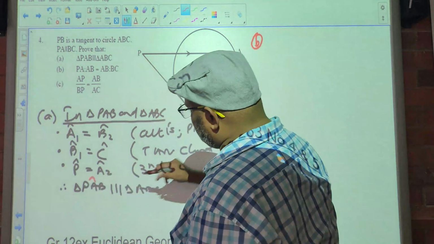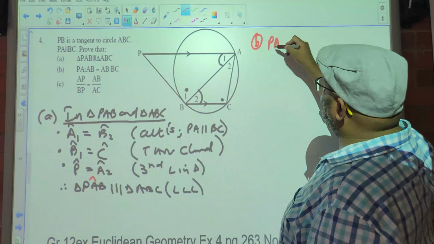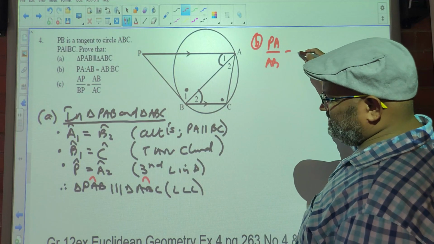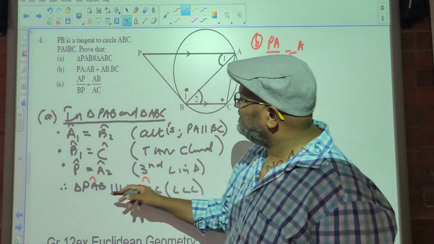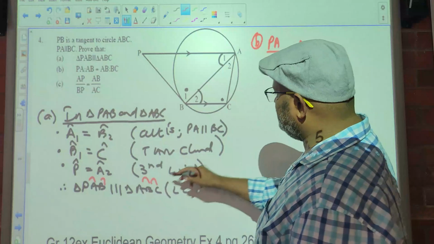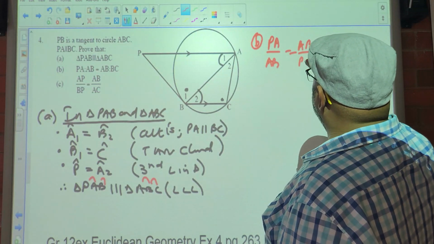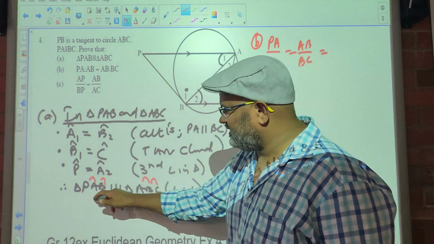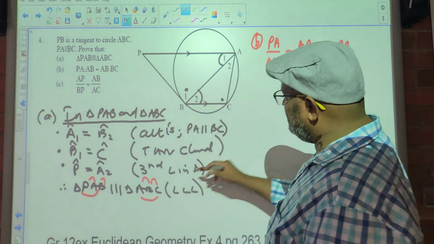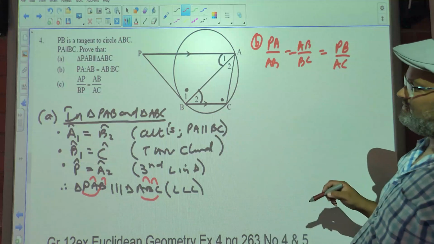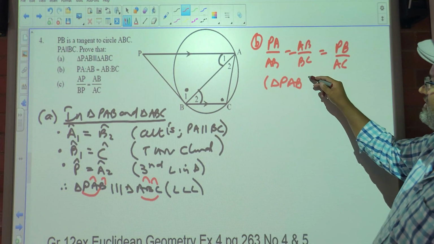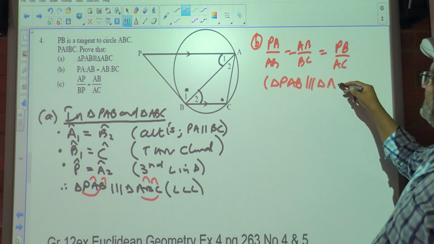So we can start by saying PA over AB is equal to AB over BC, which is equal to PB over AC. Why? Because triangle PAB is similar to triangle ABC.